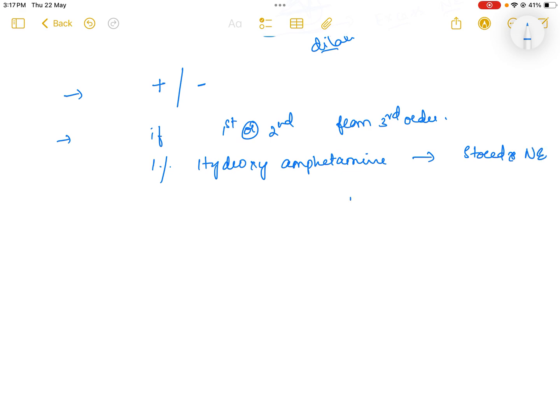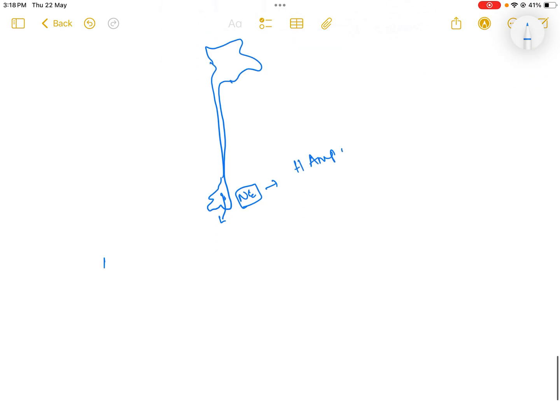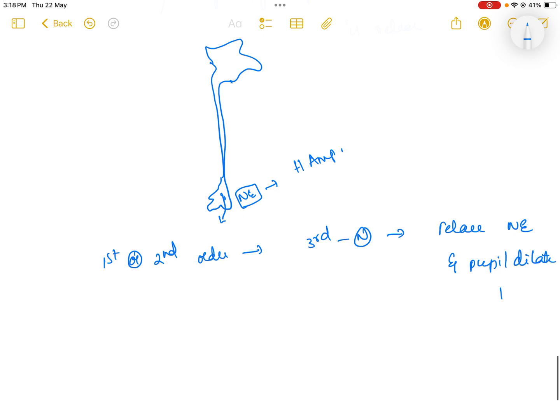If you think of this as a cell body, and this is a neuron, and these are the dendrites, the norepinephrine which is stored is released if we instill hydroxyamphetamine drops. So if it is first order or second order neurons, third order would be normal, and it causes release of norepinephrine and the pupil dilates on instillation of hydroxyamphetamine.